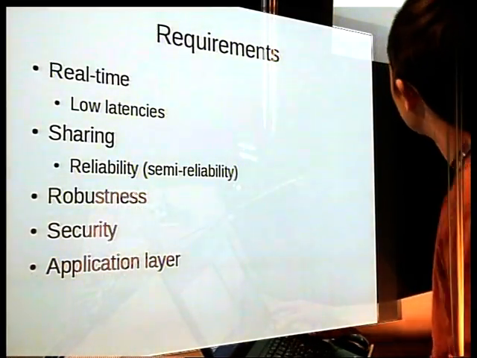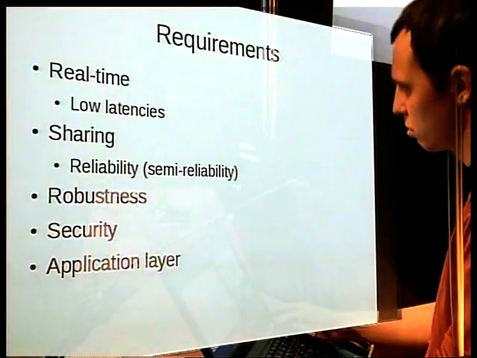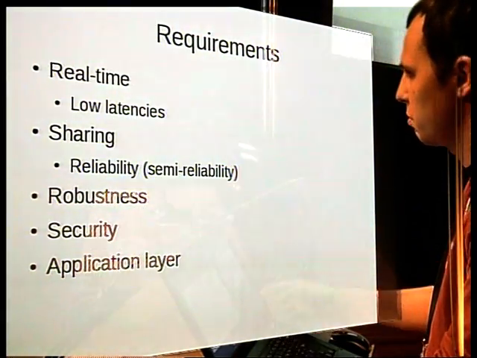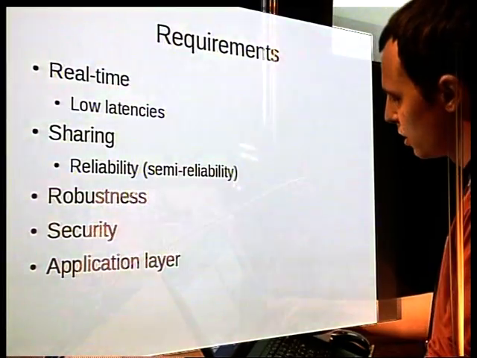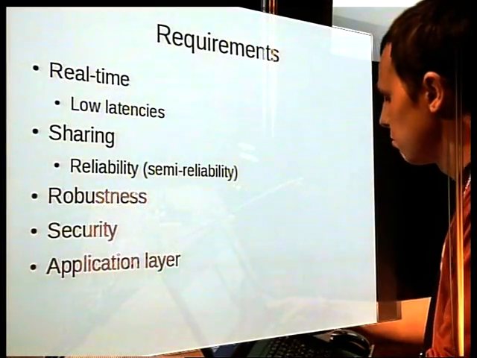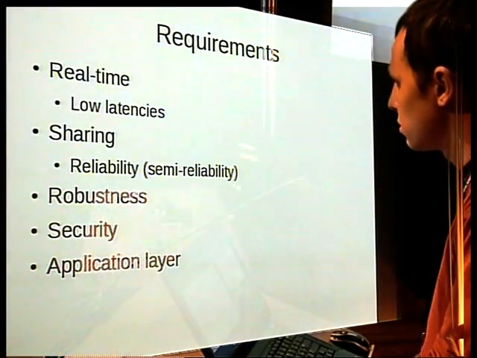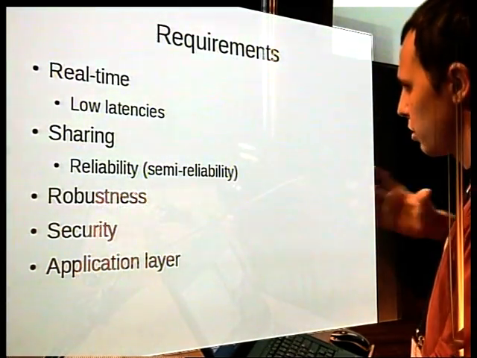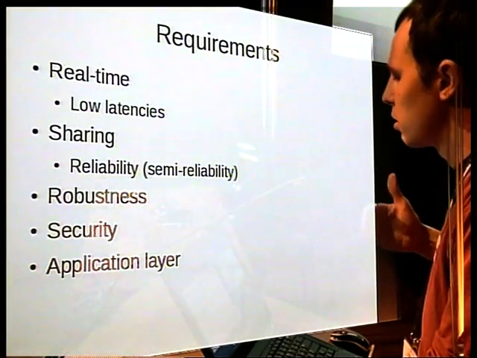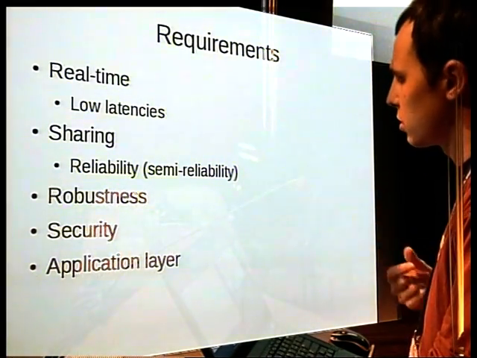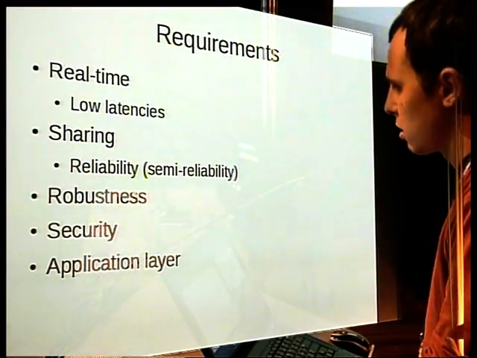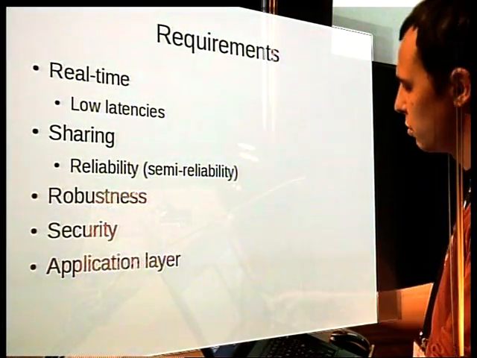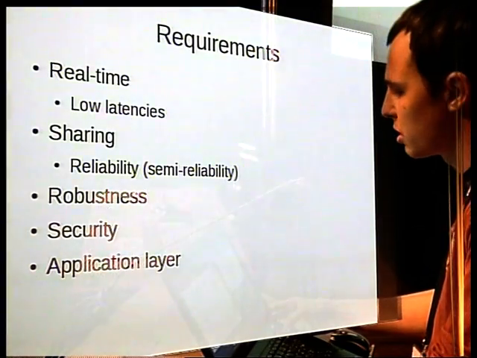So when you want to create a new network protocol, then you have to create some requirements for this protocol. The new Verse protocol has to be again a real-time protocol, so we require low latencies of received data, and we want to use it for sharing. So it means it has to be reliable or semi-reliable.